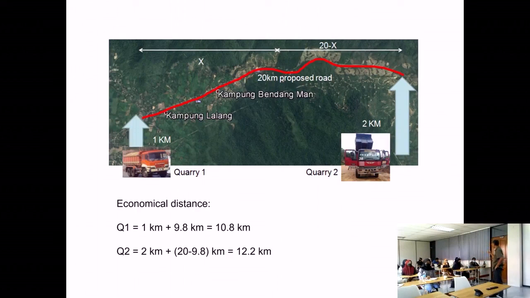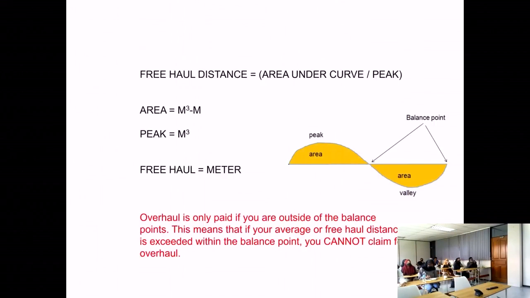That would be the most economical earthwork operation for this portion of the highway. So the economical distance is for Q1 1 km plus 9.8, 10 km, Q2 2 km. This is the distance outside the highway. Right? Alright, so that is some consideration that you want to take if you are managing a road project.